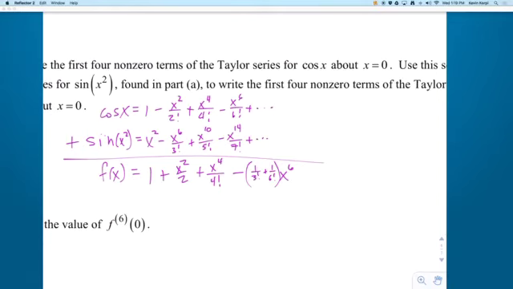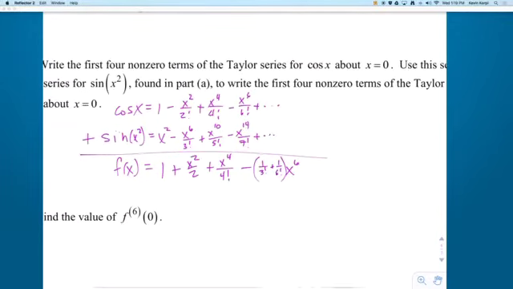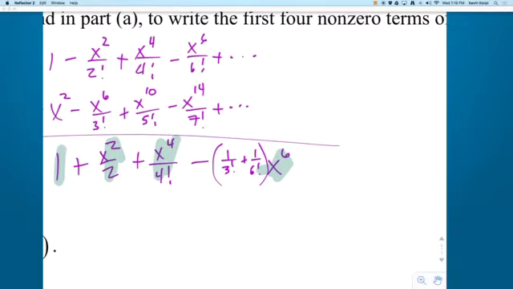But you do want to write them as a combined coefficient of x to the 6th because it's part of that term. And then, do we have 4 non-zero terms? Yeah, we have a constant, a squared term, a 4th degree term, and an x to the 6th. So you do need to somehow combine the coefficients for your 2 x to the 6th terms. This was no calculator, so that would be fine if you didn't actually want to compute it. All right? Everyone okay with that?